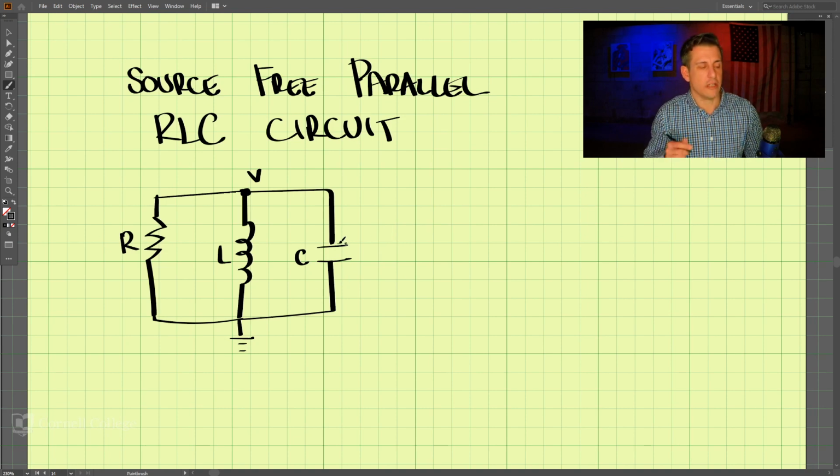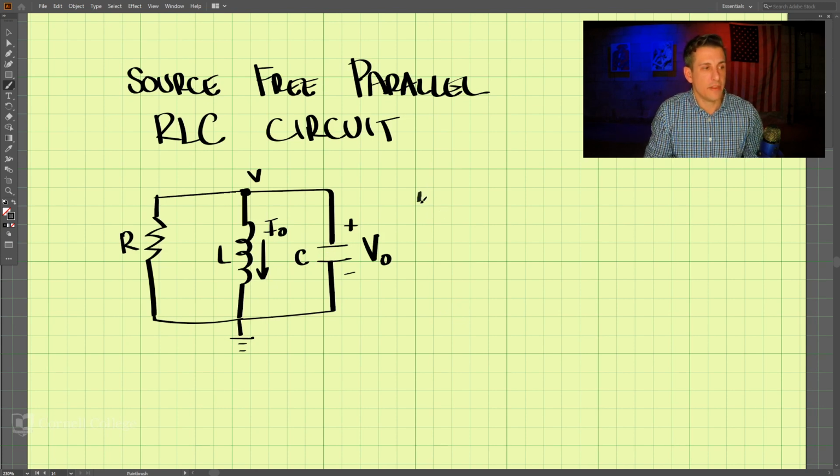Initially, at the start, the voltage across the capacitor is V naught, and initially the current across the inductor is I naught here.